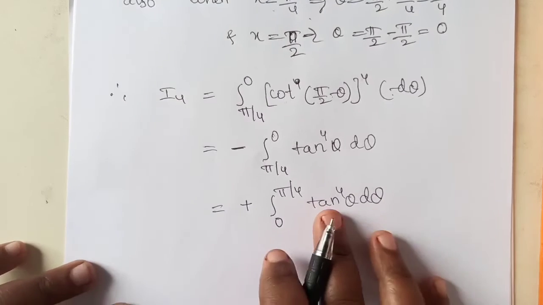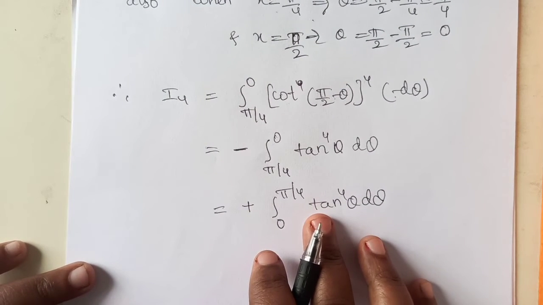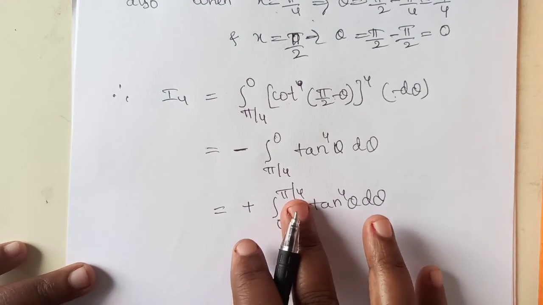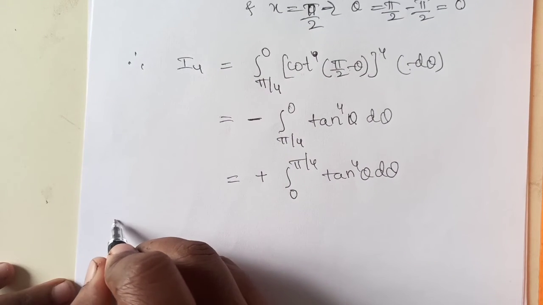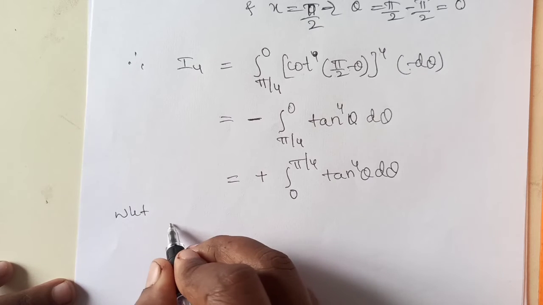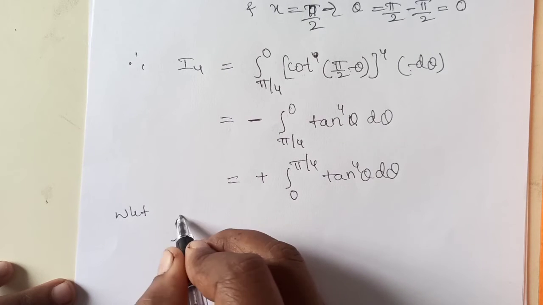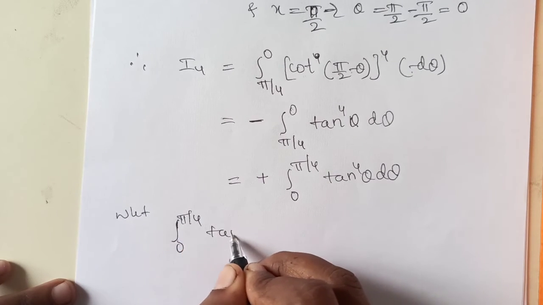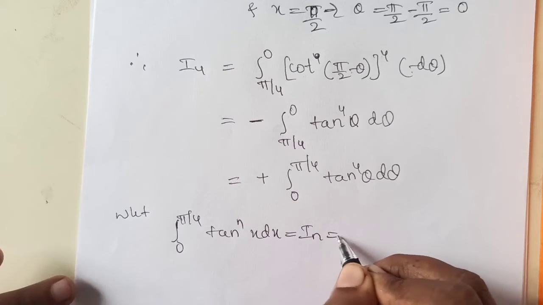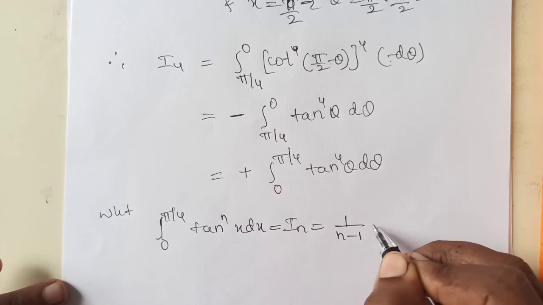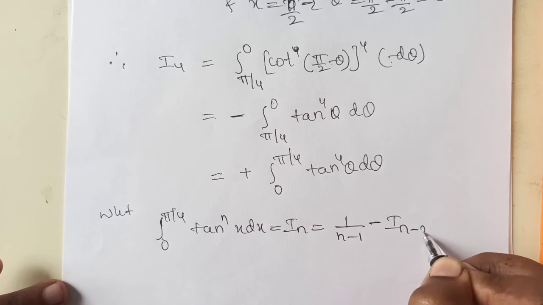So this can be easily evaluated by using the reduction formula for the integral from 0 to pi by 4 of tan power n theta d theta. We know that the reduction formula for the integral from 0 to pi by 4 of tan power nx dx, In, equals 1 divided by n minus 1, minus I n minus 2.